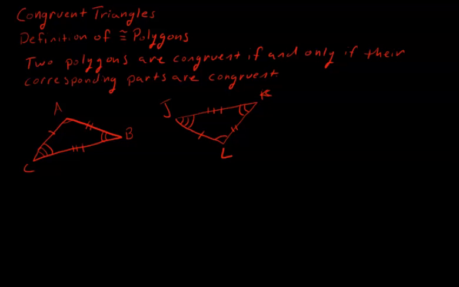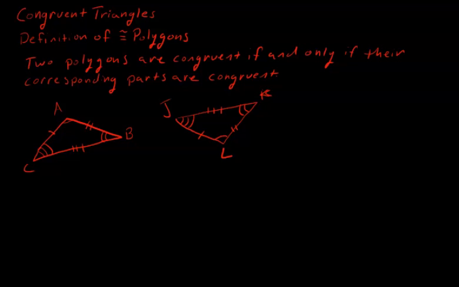So say we had these two triangles, and we know that they're congruent because their corresponding parts are congruent, and we know that their corresponding parts are congruent because the triangles themselves are congruent. So there's a few different things that we need to look at here.